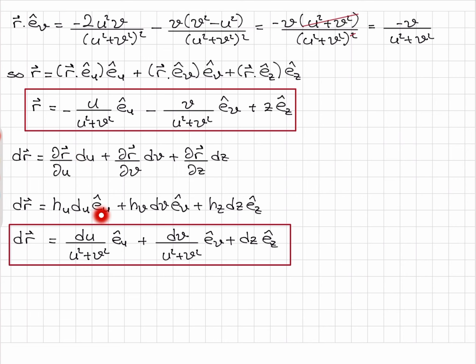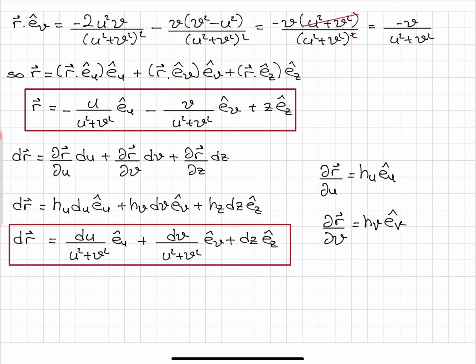So let me remind you here, del r del u is HU EU hat, and also del r del v is equal to HV EV hat, and also del r del z is HZ EZ hat. And substituting the scale factor 1 over u squared plus v squared into this expression, I find the displacement vector in the new coordinate system.